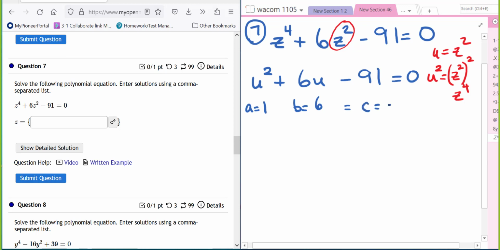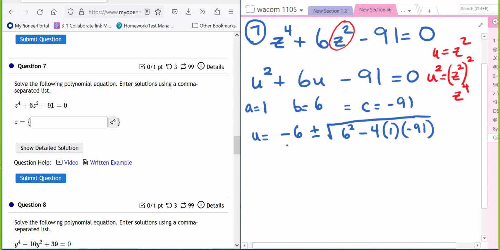All right, so I'm going to just fill this in instead of writing the formula. U is equal to negative B, so negative 6, plus or minus the square root of B squared, minus 4 times A times C, all over 2 times A.